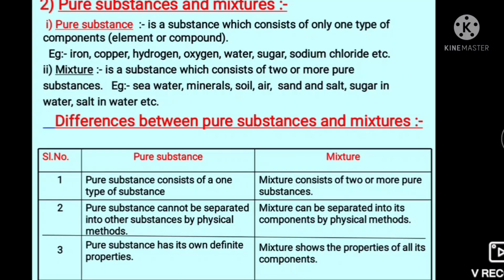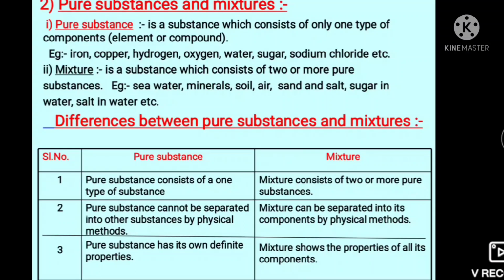And what is meant by constituents or components of a mixture? The various substances present in a mixture are known as constituents or components of the mixture. For example, if we take sugar solution, what are the components of the mixture in it? Sugar and water.